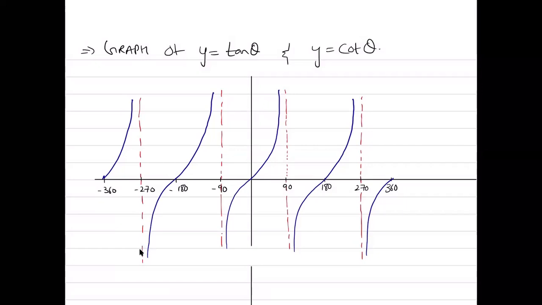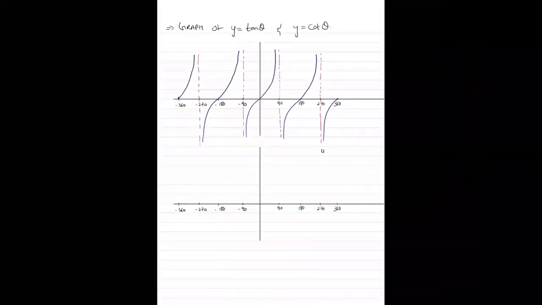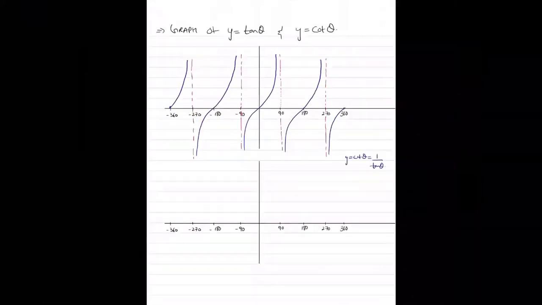Yes, sir. Now we are going to reciprocate it and draw the graph of y equals cot theta. Y equals cot theta is the reciprocal of tan theta. So the points where tan theta is becoming 0 will give us the asymptote position.